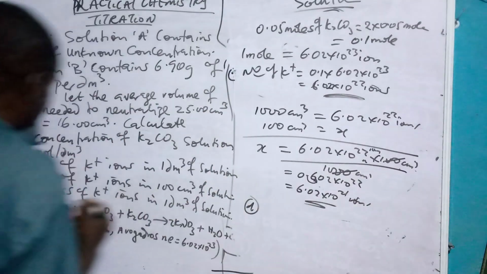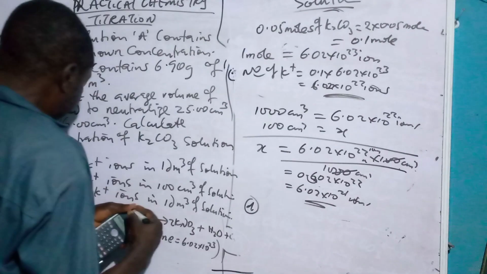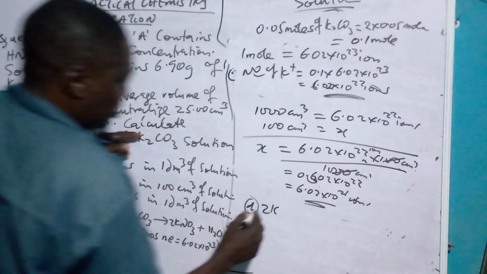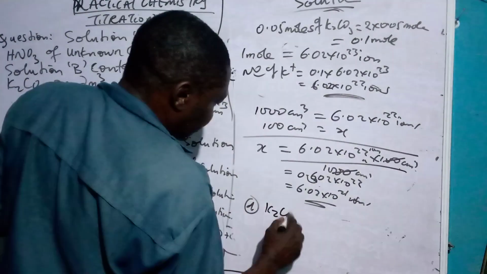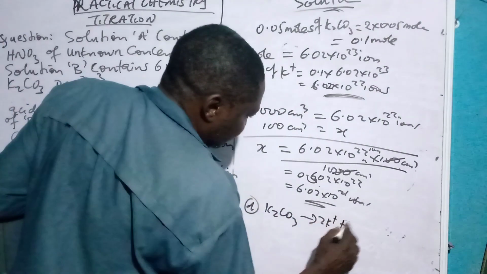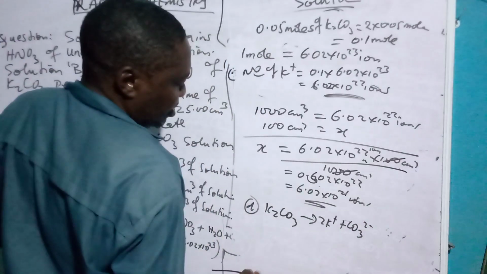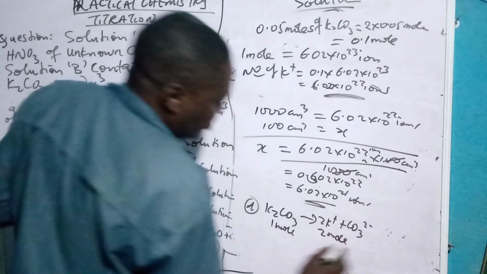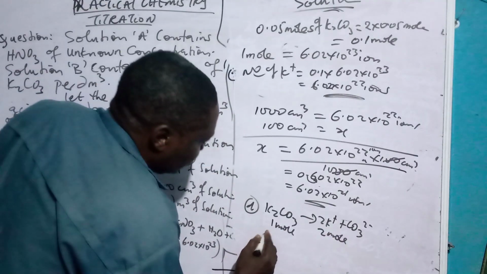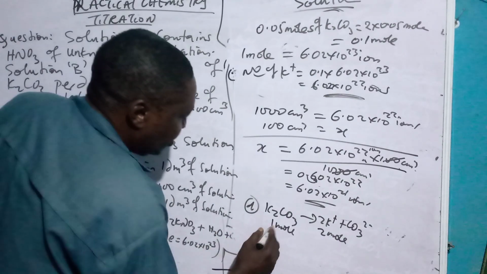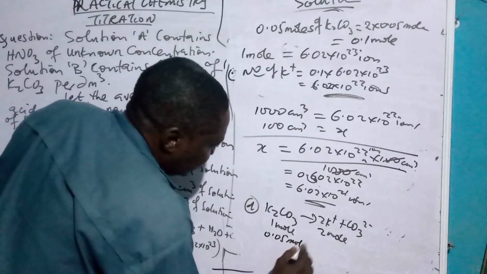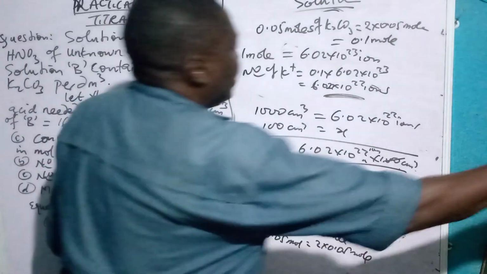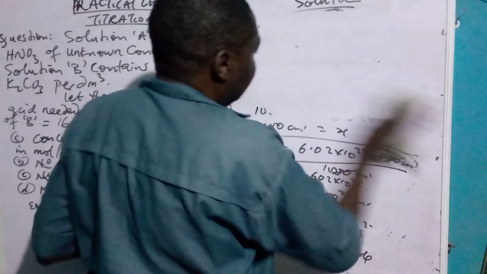Then for the last one, mass of potassium ions. See from the dissociation, K2CO3 gives you 2K plus and CO3 2 minus. So it's still the same relation, 1 mole, 2 moles. So 0.05 moles will give you 2 times 0.05 moles. But remember, we are dealing with the mass this time.